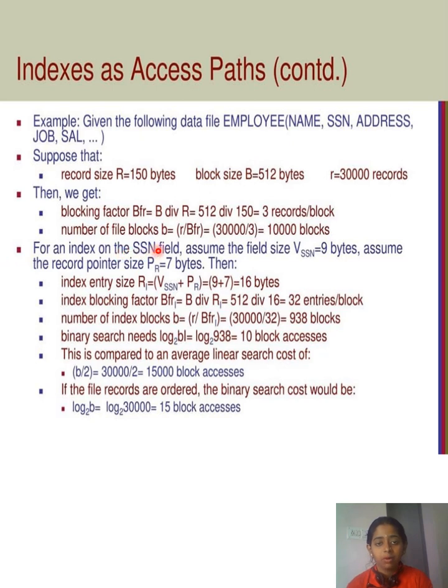Number of file blocks b equal to r by BFR, that is nothing but blocking factor, will be equal to 30,000 by 3, that will give us 10,000 blocks.